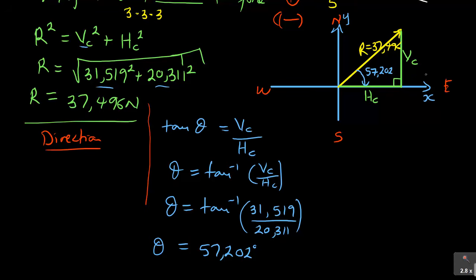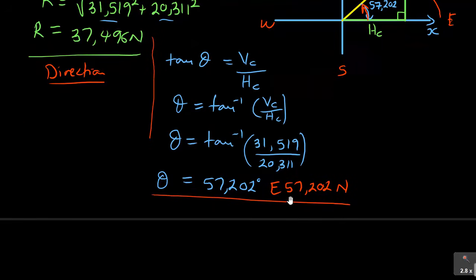So you can see that we are going in this direction. In actual fact, the arrow goes that direction. So if we're going this direction, you start from east, then angle, then north. So you're going to say east, then the angle 57,202 towards the north. That is how you find that.